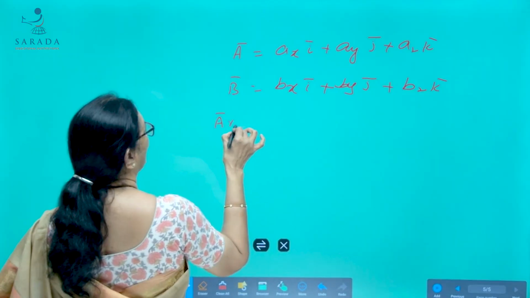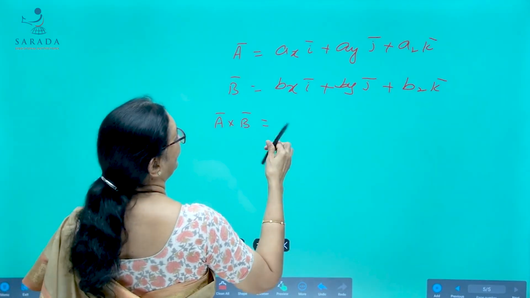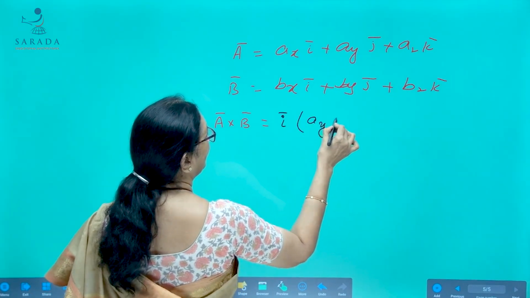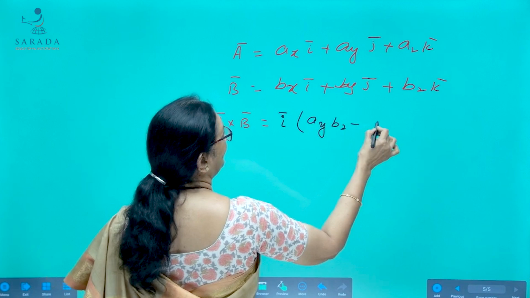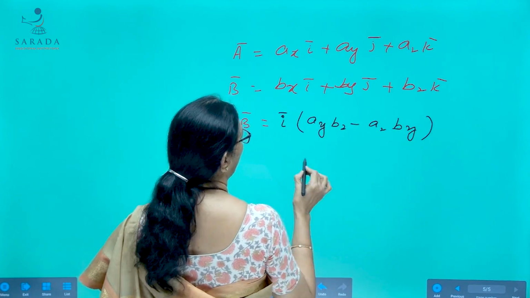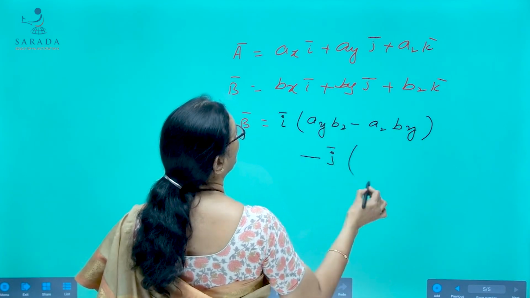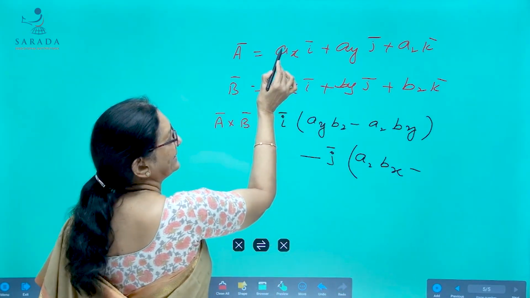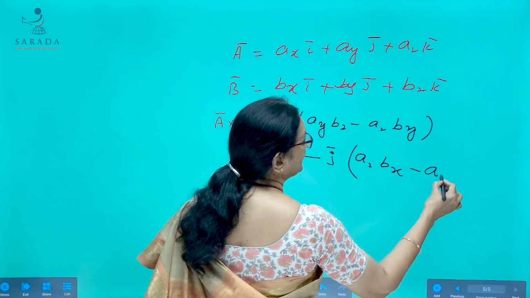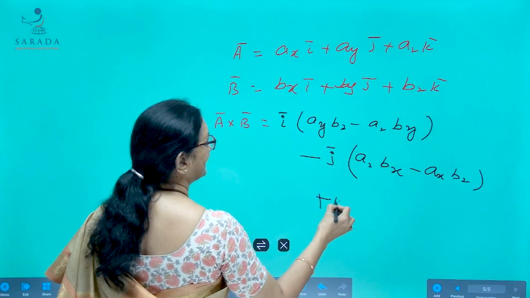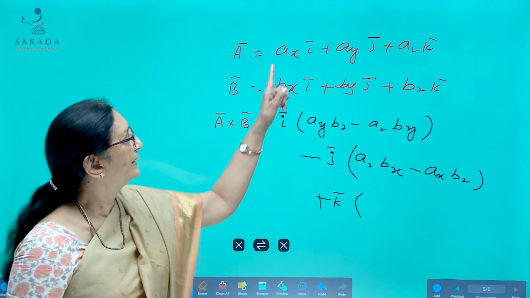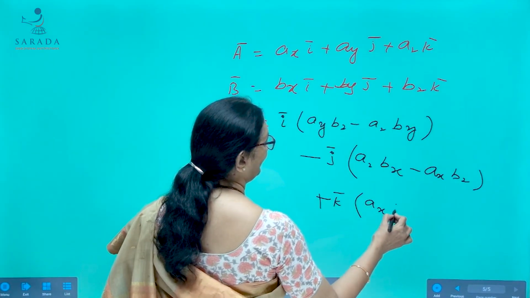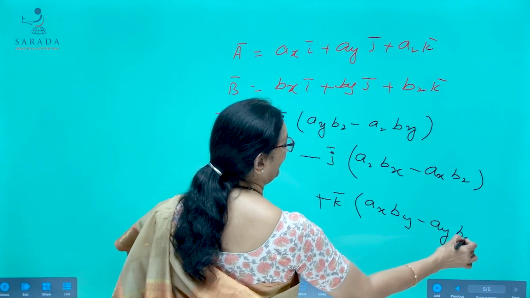So a bar cross b bar is, follow me very carefully, i bar into (ay bz minus az by) minus j bar into (az bx minus ax bz) plus k bar into (ax by minus ay bx).